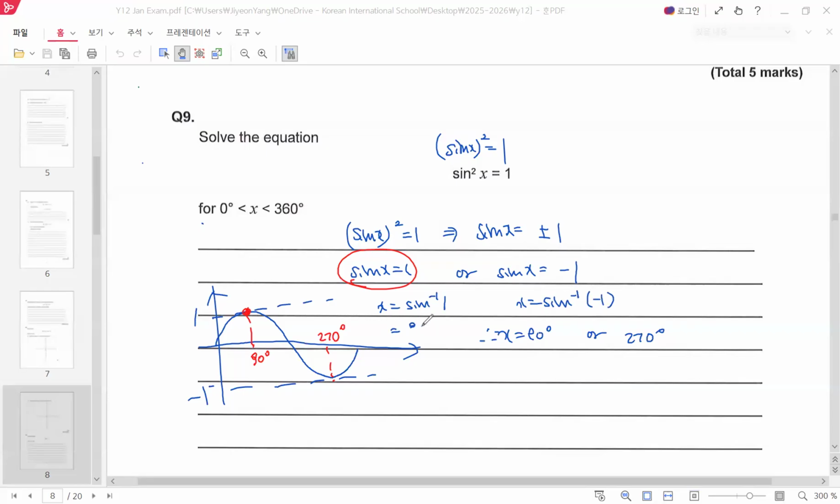Then it's going to show up 90. So you can use this one. It's going to show up as negative 90 degrees, okay? Negative 90 degrees. So if you convert this angle to the positive direction angle, it's going to be 270 degrees.